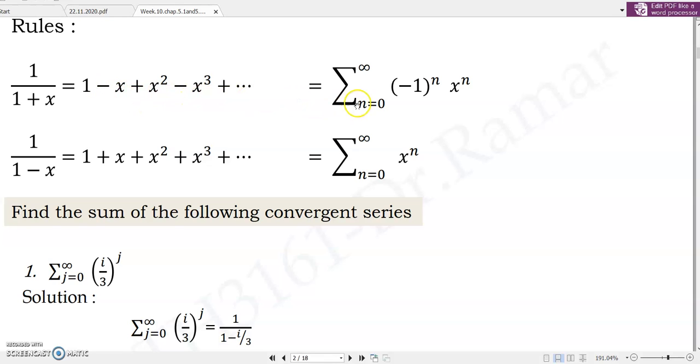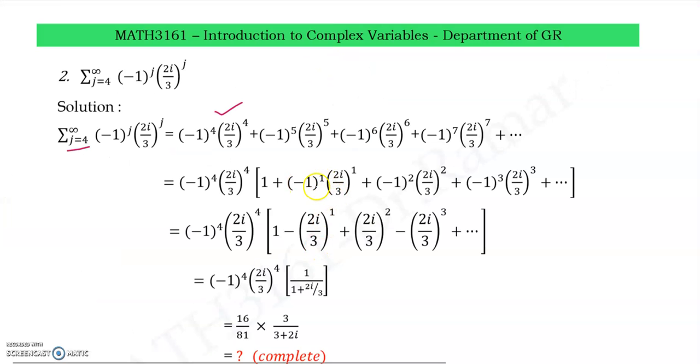So now we apply this rule here. See here, minus 1 power 1 is minus, minus 1 power 2 is plus, minus 1 power 3 is minus, so that here we get 1 minus x power 1 plus x power 2 minus x power 3. Okay, so the value of x is 2i over 3.